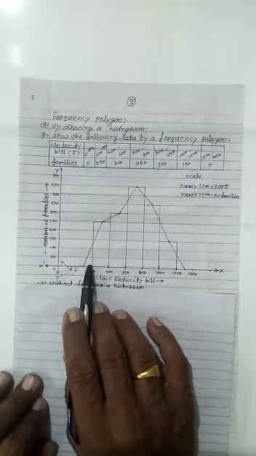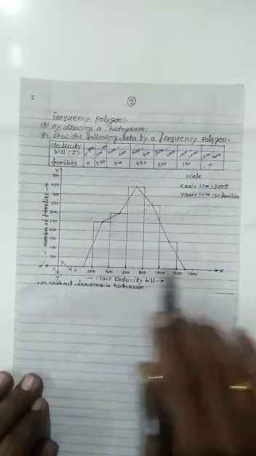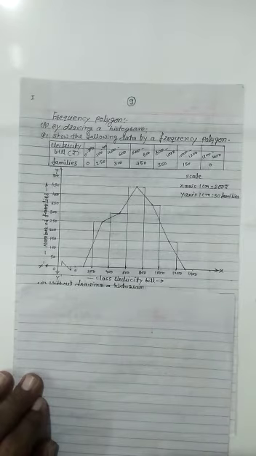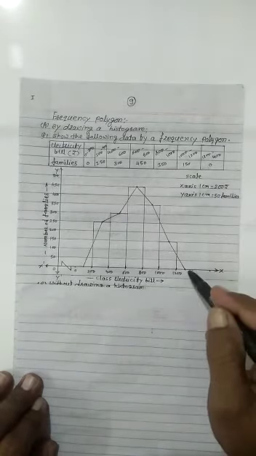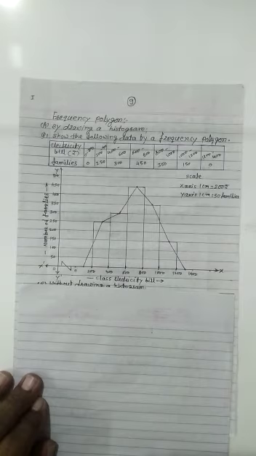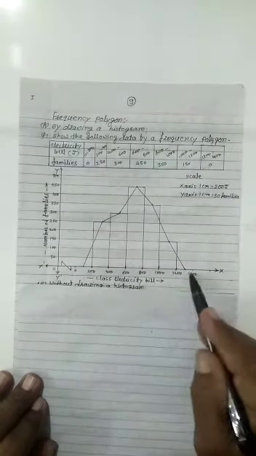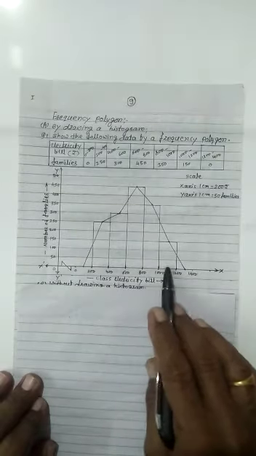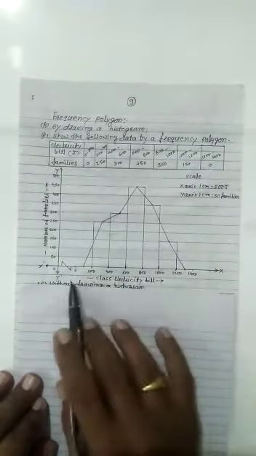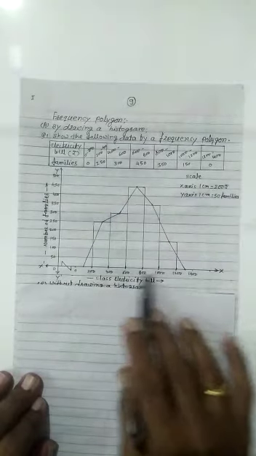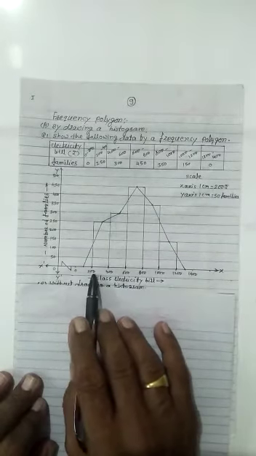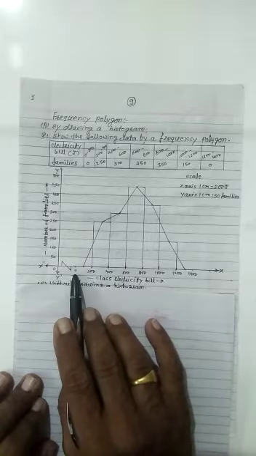So that rectangle lies on the x-axis, and this last rectangle also lies on the x-axis. So these two classes make the 7 rectangles on the x-axis.